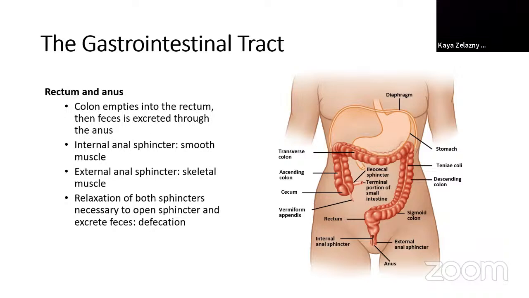And the external anal sphincter is made up of skeletal muscle. So that's when you can control, you can actively prevent defecation through the external anal sphincter control. Now, in order to defecate, in order to excrete feces, both sphincters would have to be open, right? One of those sphincters is closed, like a closed door. You have to open both of these double doors.